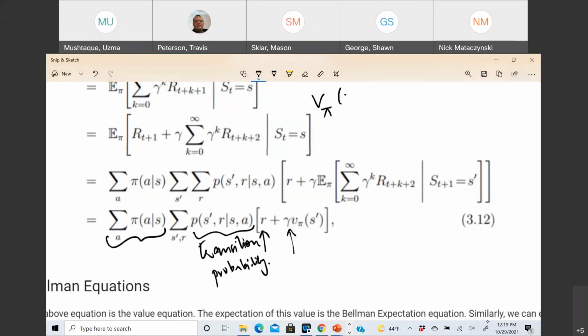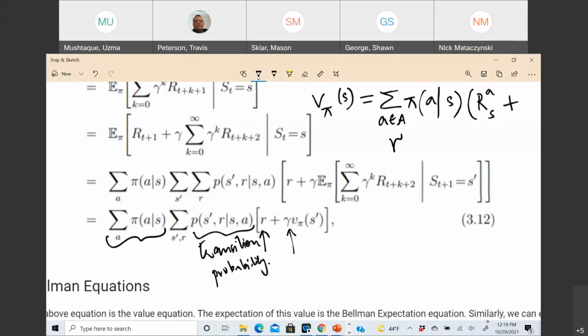Let me write it in the notation that we came about last time: we have all these actions that are available to me, weighted by the probability of following this policy pi, times the immediate reward that I'm getting, plus the discounted value of all the future states multiplied by their transition probabilities under action A, V pi S prime.